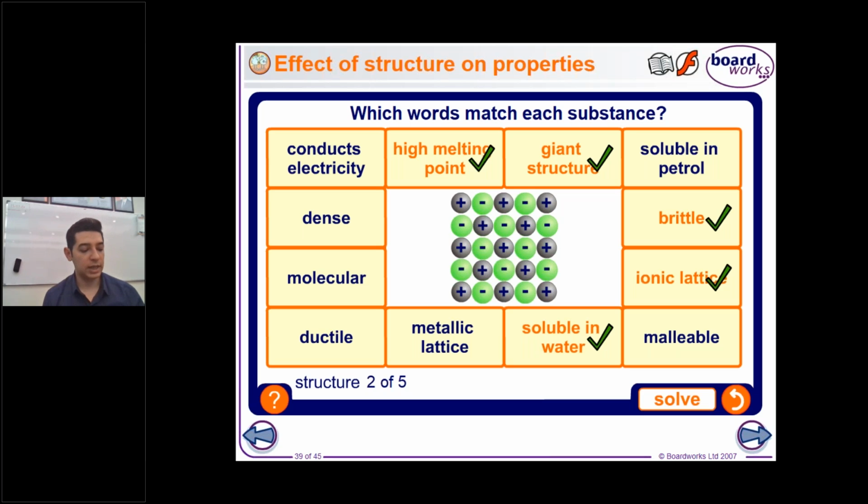But why in the aqueous or molten state do they conduct electricity? Let's explain this. As I said before, an ionic compound consists of positive and negative ions. In the solid state they are tightly packed to each other. Let's draw like this: positive and negative.